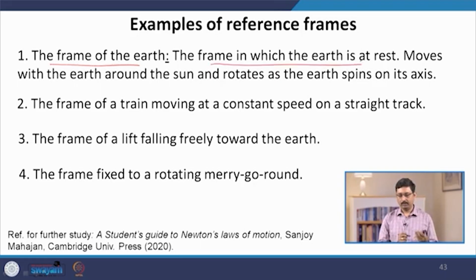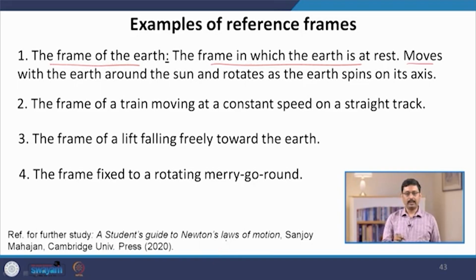Now if you observe the earth from space, from a satellite, as you see in some of the space-related movies, you will see that the earth is actually moving around the sun and also spinning around its own axis.